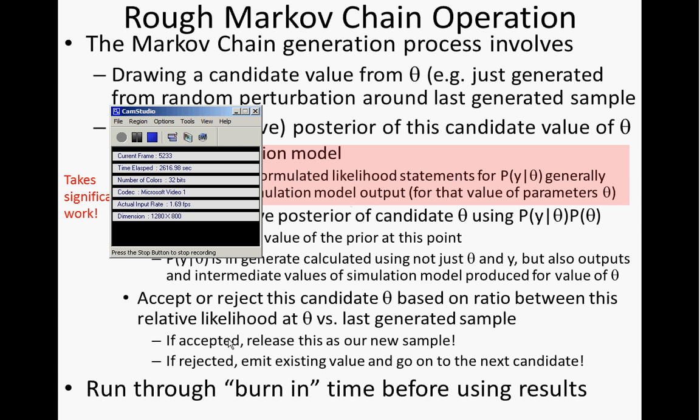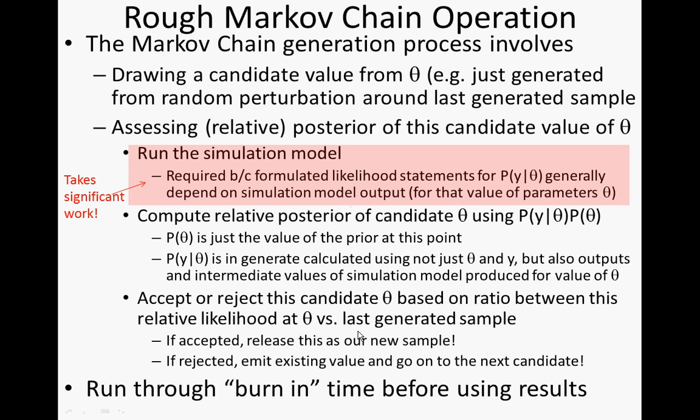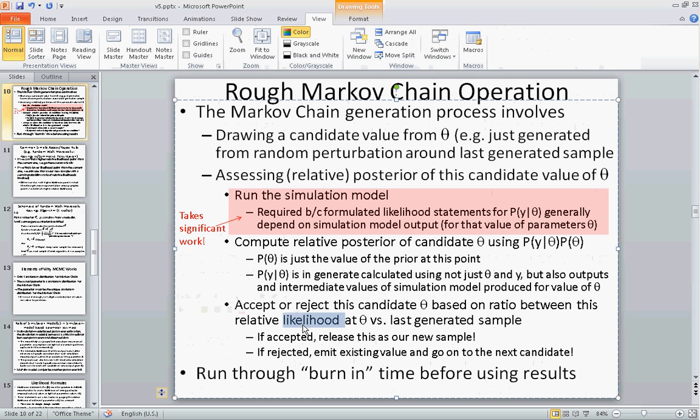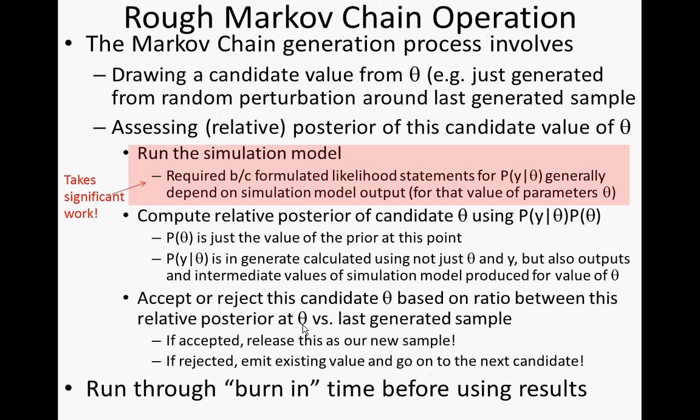We'll either accept this new one or reject it. If we accept it, we release it as our new sample. It's a sample from the distribution. If we reject it, we emit the existing value. We don't change position. We reject this candidate, emit the previous value we emitted, and we go on to the next candidate.